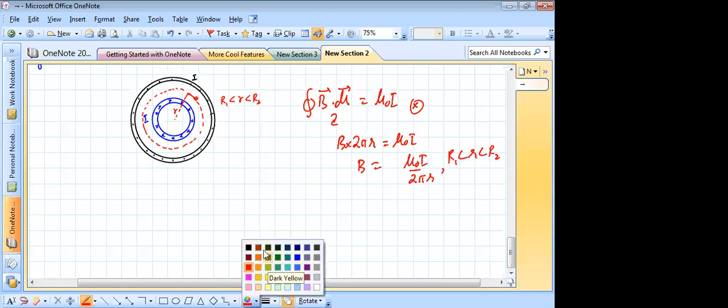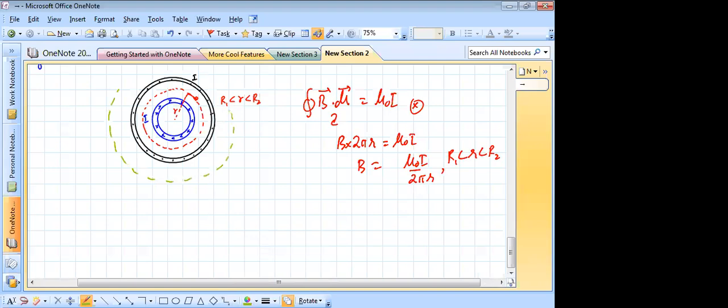Okay. But similarly, if we take an Amperian loop, which is let's say like this one, in this region, इसके लिए नेट करंट एनक्लोज कितना हो जाएगा? 0 हो जाएगा, है कि नहीं? क्योंकि opposite directions में हो जाएगा. Because opposite direction. So r prime greater than R2 अगर ऐसा लिया, so in this what is happening?